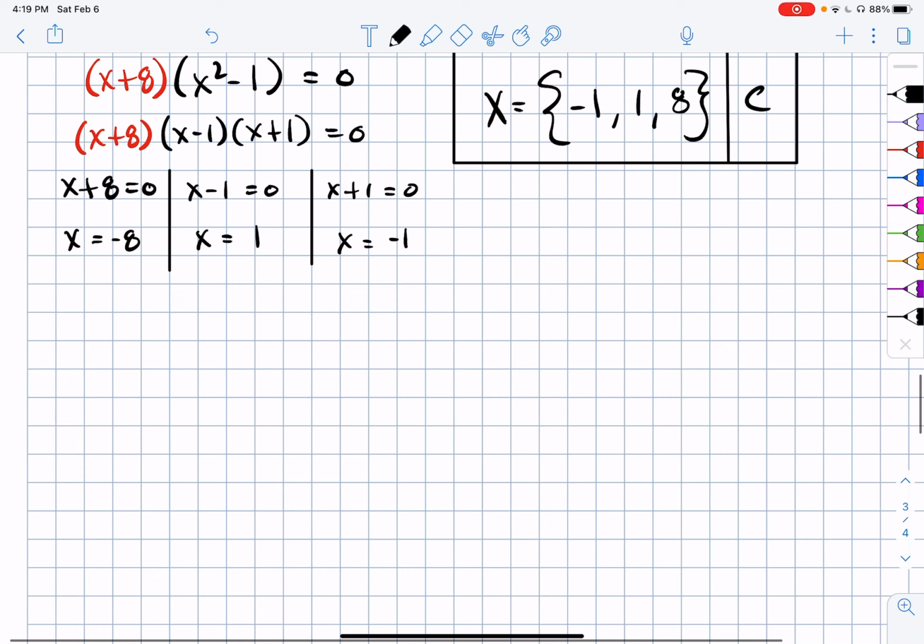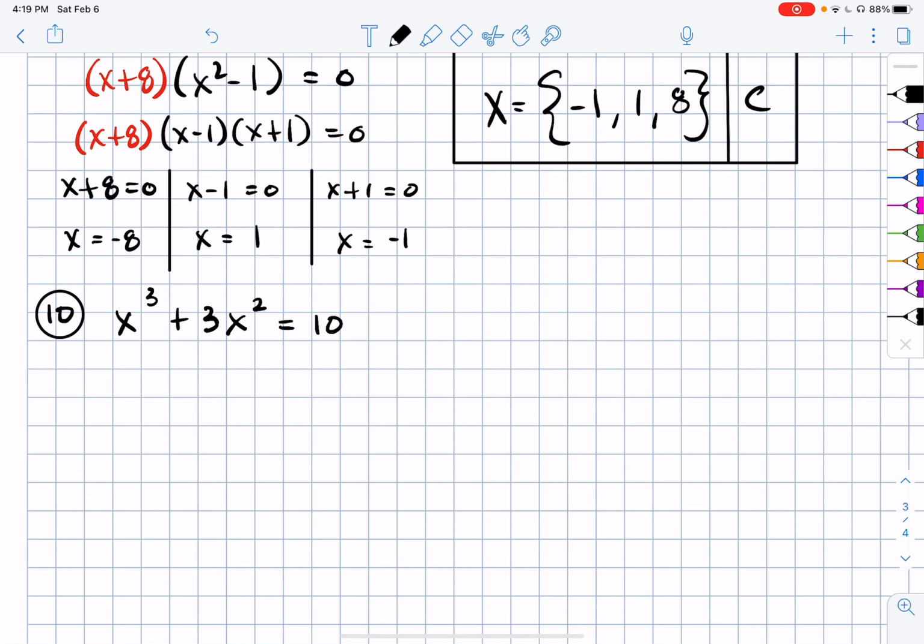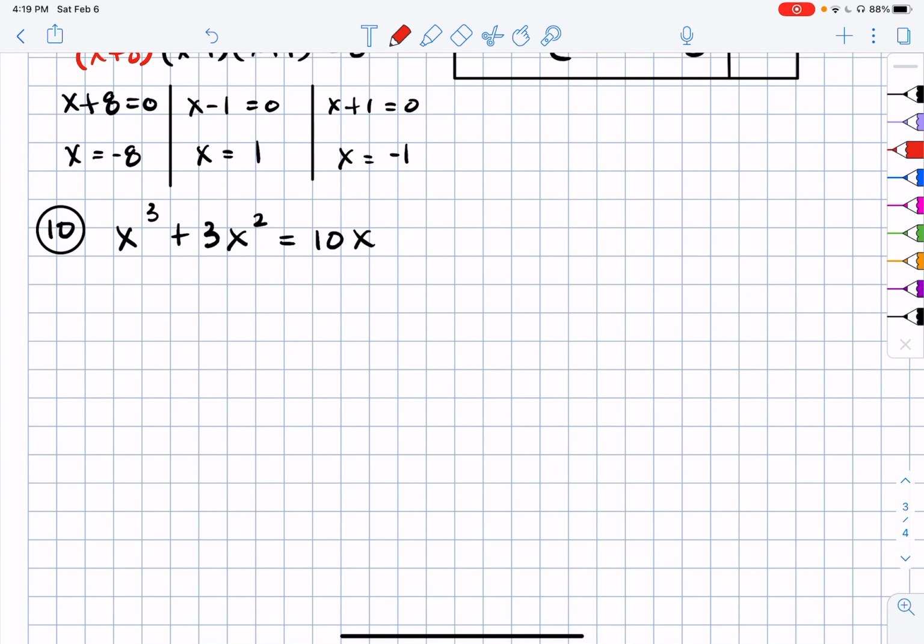So now let's go to number 10. Number 10 says x to the third plus 3x squared is equal to 10x. So again, what do I see? I see an equal sign, and I see powers that are greater than 1. So I'm going to get everything to the left side, so I have to subtract the 10x over.